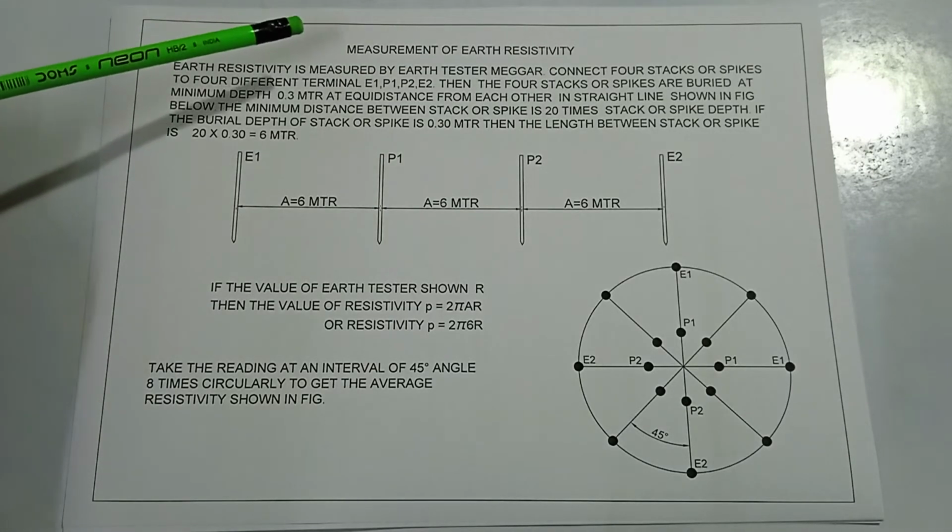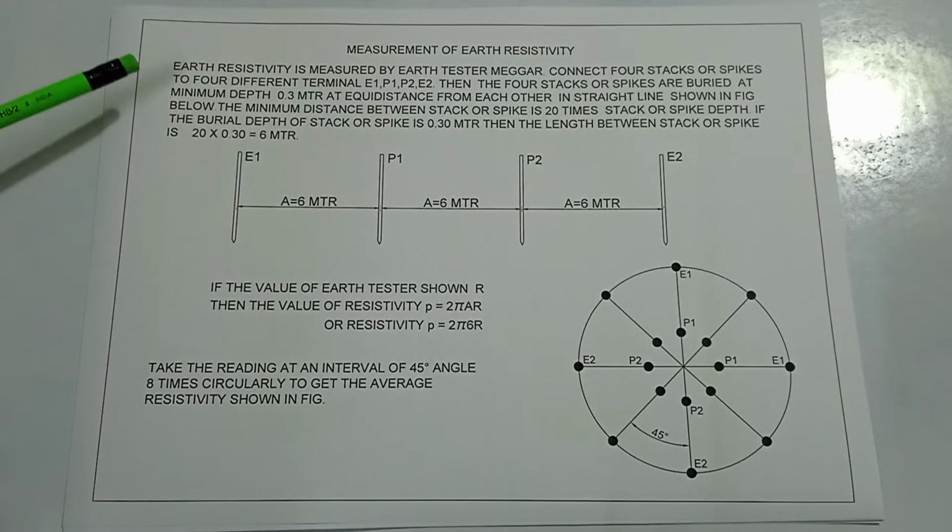Measurement of earth resistivity. Earth resistivity is measured by the earth tester megger. Connect 4 stakes or spikes to 4 different terminals E1, P1, P2, E2. Then the 4 stakes or spikes are buried at a minimum depth of 0.3 meter, equidistant from each other in a straight line, as shown in the figure below.